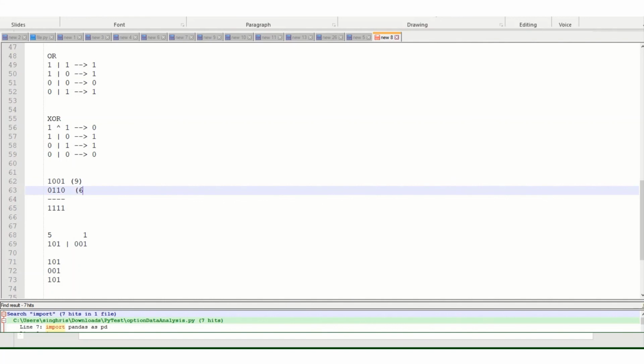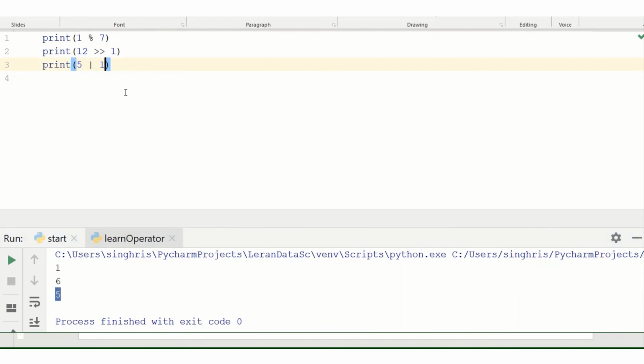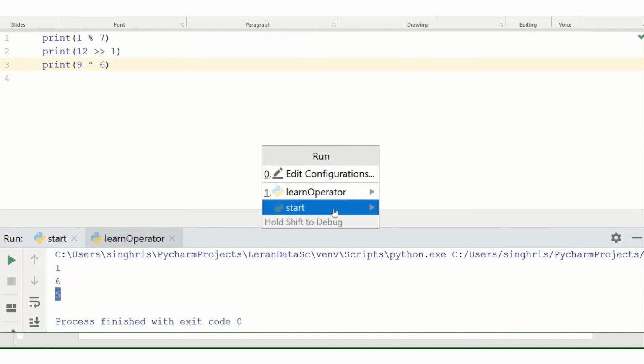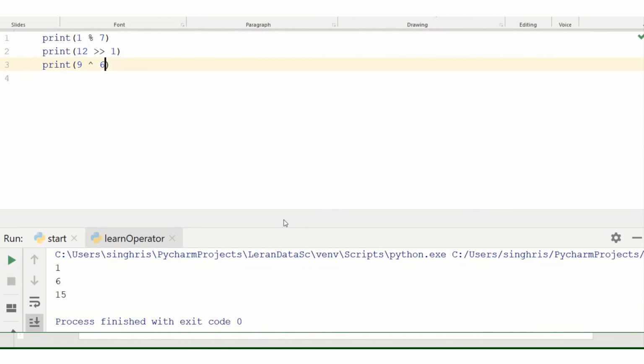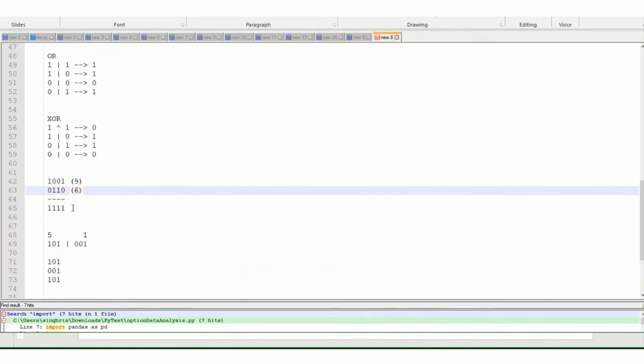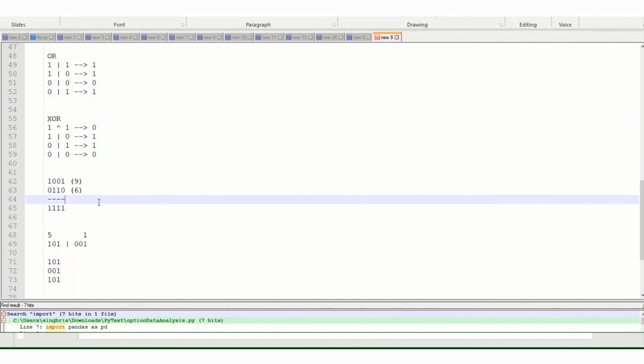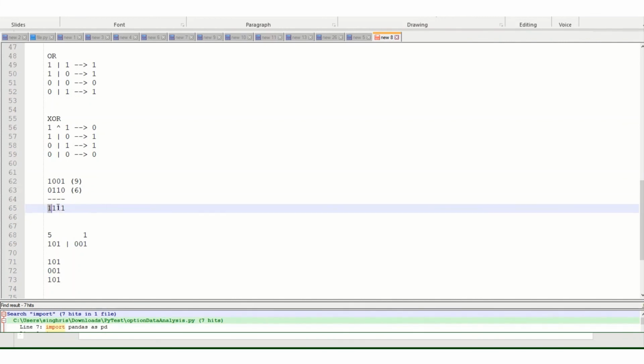I'm going to do this operation and show you the result. 9 and 6, what is the result? Let's run it and check. 15, right? You see, this is 15. If you convert this number, you will get 15.